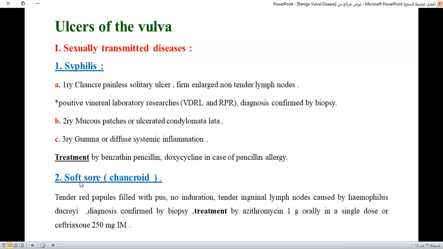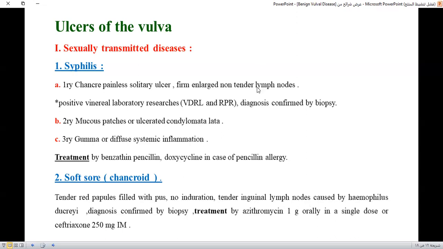The second sexually transmitted cause of ulcer is soft sore or chancroid: tender red papules filled with pus, with tender inguinal lymph nodes.